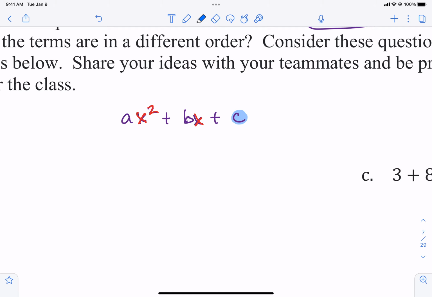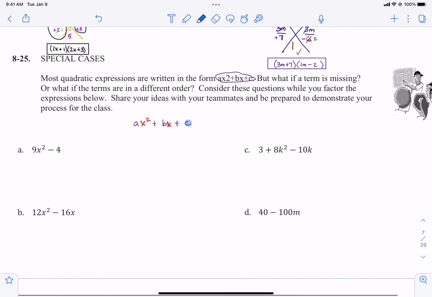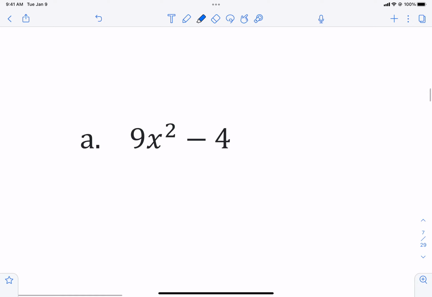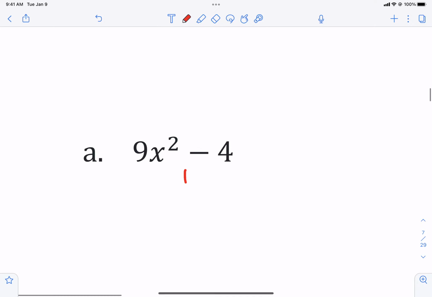In order to factor, we kind of need all three of those parts. So if I look at problem A here, hopefully you notice that in the middle here, we're missing the just x term, right? There is no just x. We have an x squared term right here, but there is no just x term. And the reason for that is because we have 0 of them.